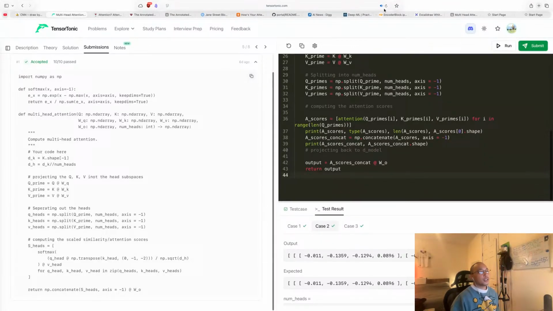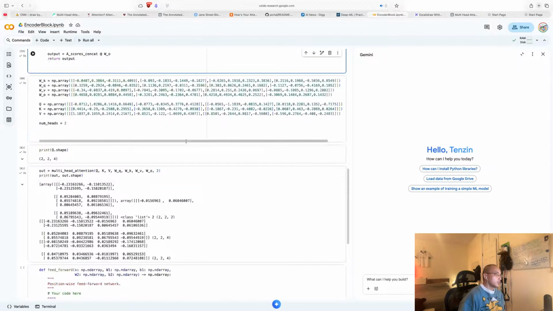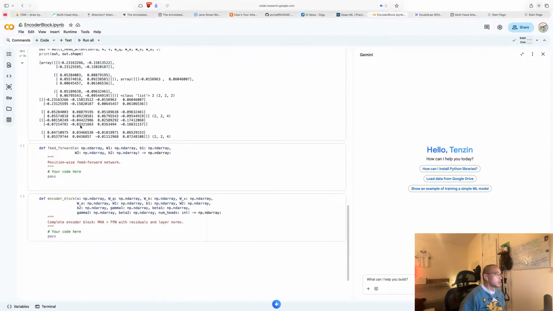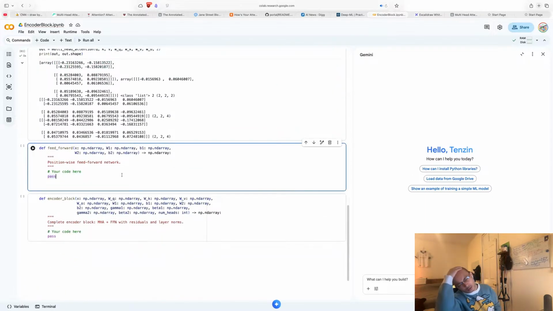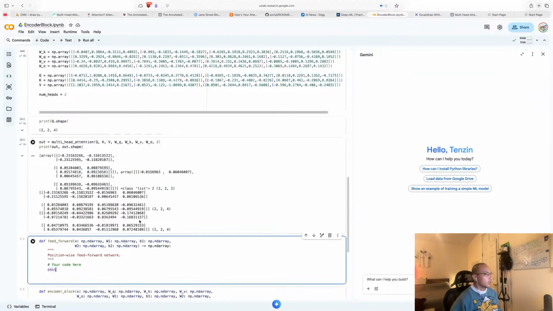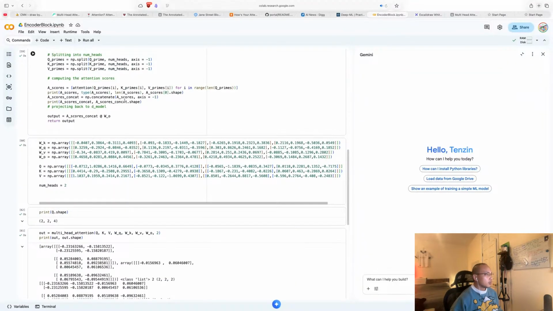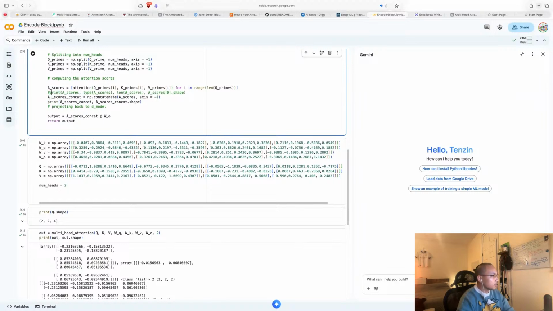Okay, that's interesting. So it's just barking up the wrong tree then. I thought the output had to be the same shape as the input, but I guess not. Oh, but I guess it is, yeah.